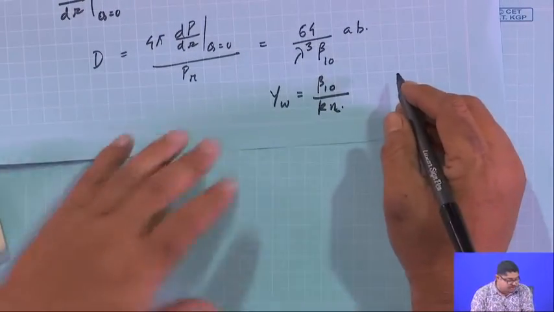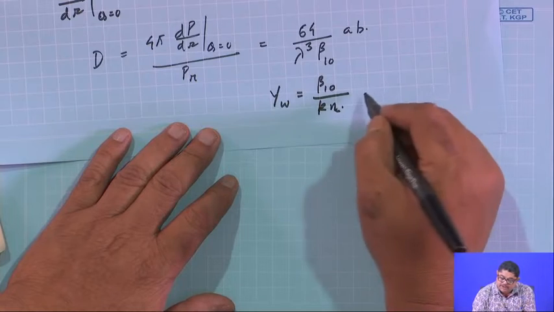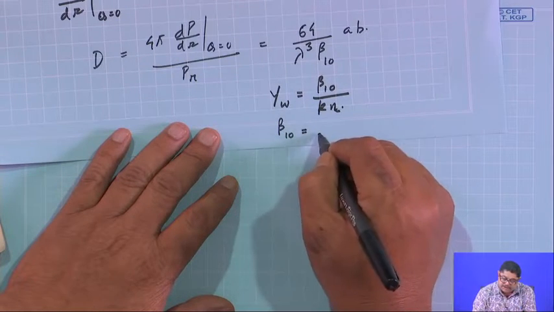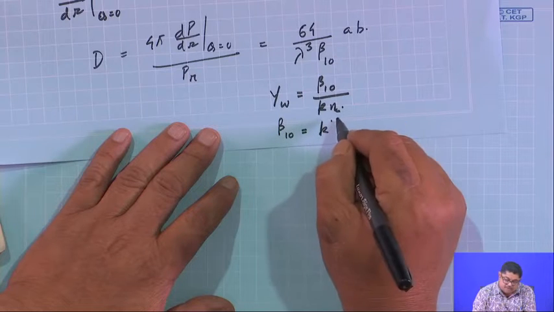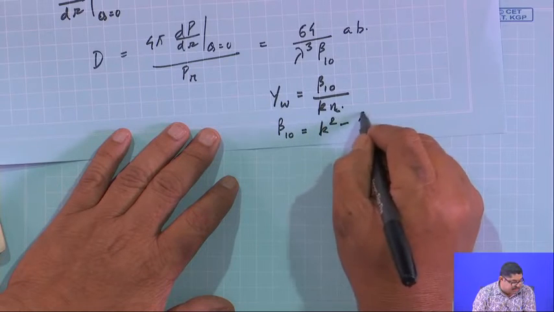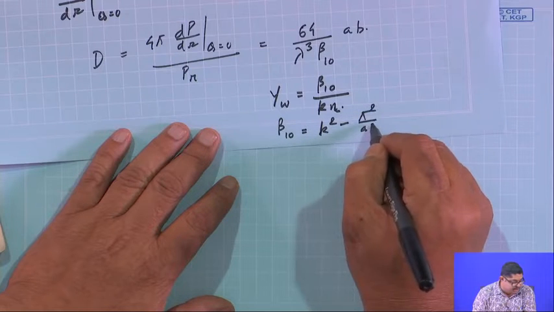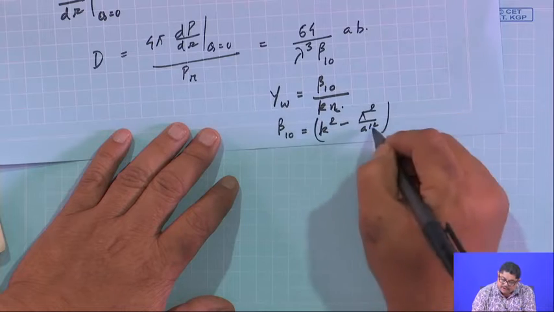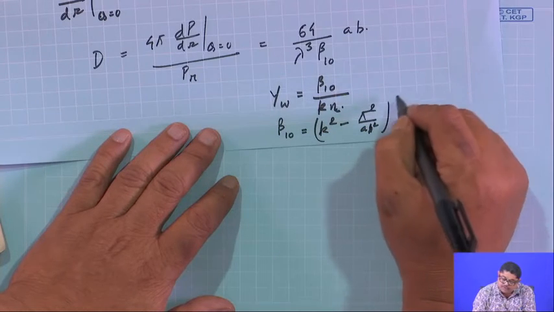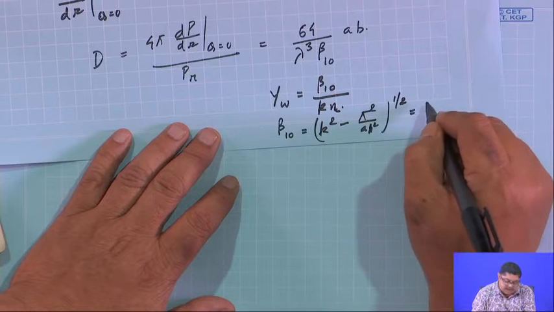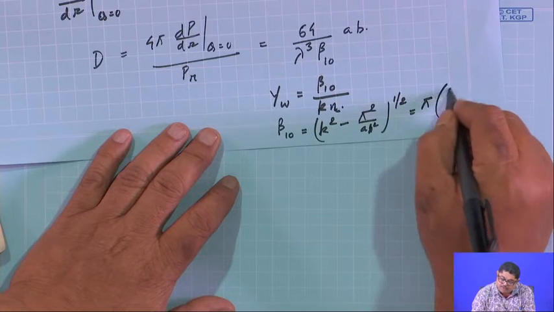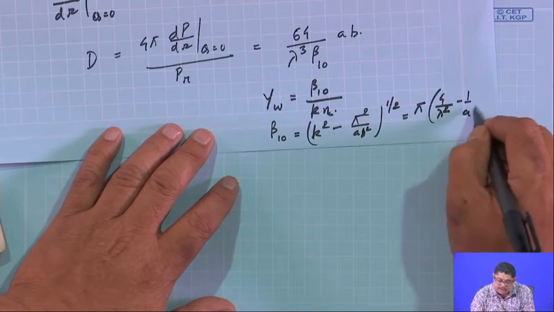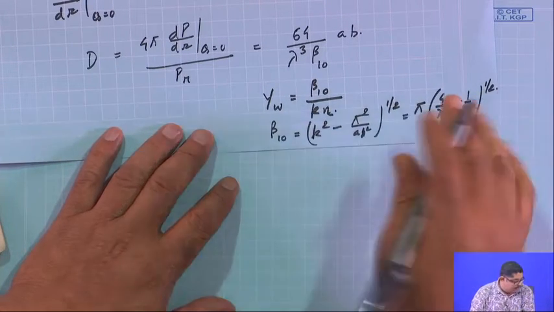And what is the value of beta 10? Beta 10 is k square minus pi square by a square, to the power half. So, that becomes pi by 4 by lambda square minus 1 by a square to the power half.